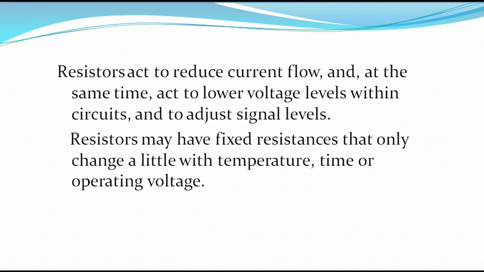Now, in terms of resistor, we have various types of resistor, and the one that adjusts energy or voltage or current is called a variable resistor. A variable resistor adjusts the signal, either increasing or decreasing. So to adjust a signal level, you use a variable resistor.